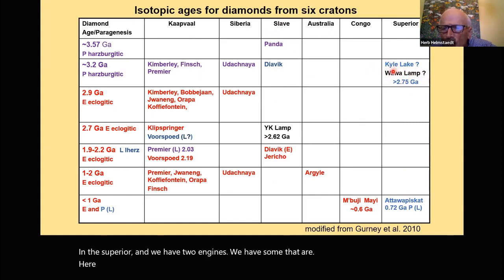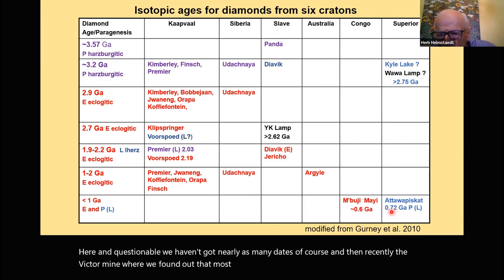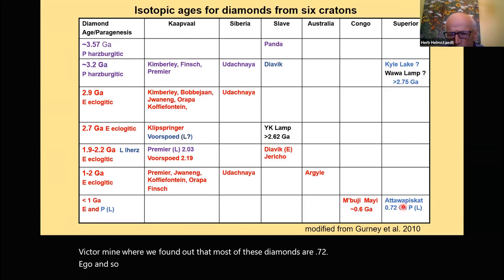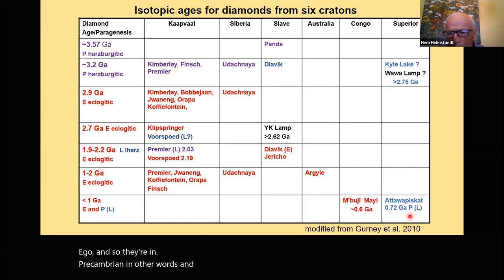We haven't got nearly as many dates, of course. And then recently, the Victor mine, where we found out that most of these diamonds are 0.72 giga-annum, so they are in late Precambrian, in other words. There are some very different processes going on, and I want to talk about those.